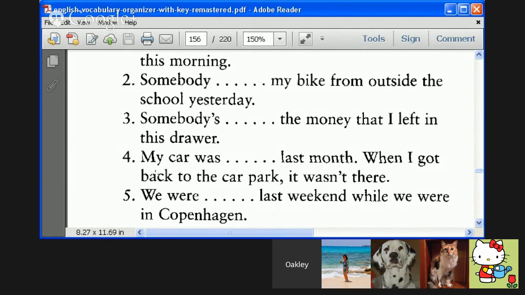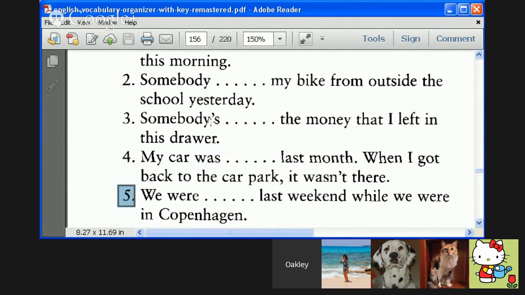But an object, no. I have to put in a past participle, but I don't remember the past participle of the verb steal. Stolen. That's it. My car was stolen. Right, because this is passive, past passive, was stolen. Very good.